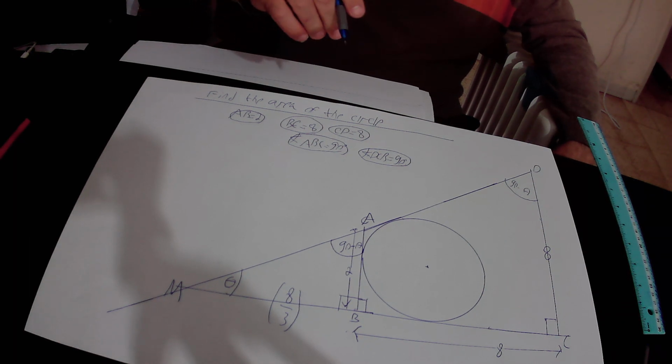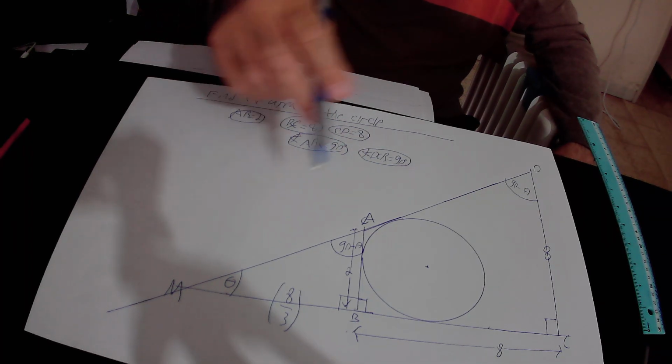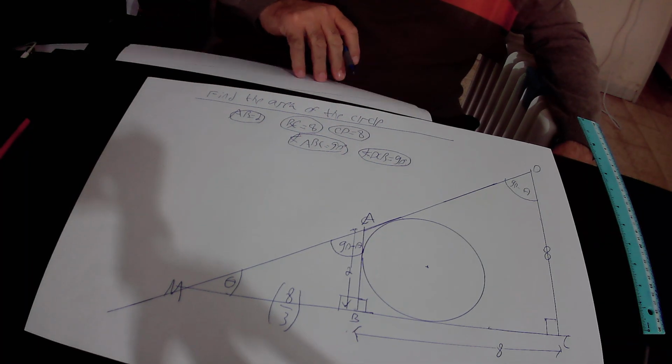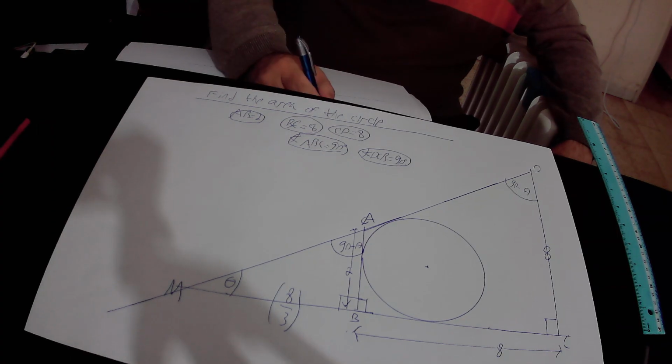So in the right triangle AMB, it means that AM square equals AB square plus MB square.